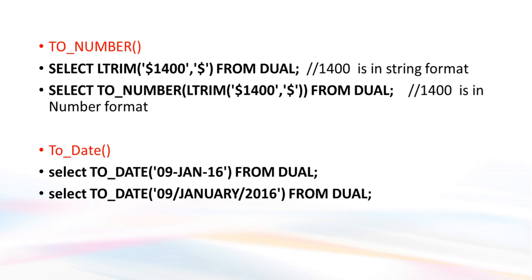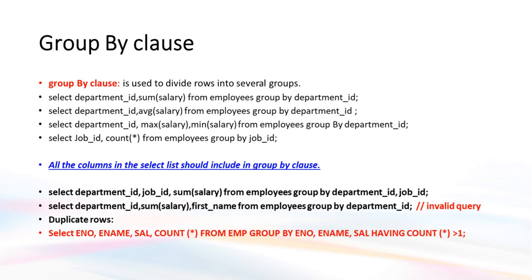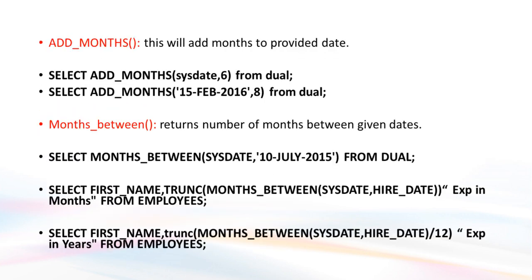Now we have completed all the functions. So what are all the different functions we discussed so far? Built-in functions, group functions, and scalar functions. Under group functions we have average, sum, maximum, minimum, max, count.